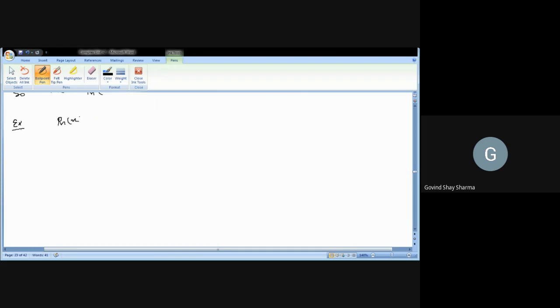Take the polynomial x square plus x plus 1 on Z2. We know Z2 has the elements 0 and 1.